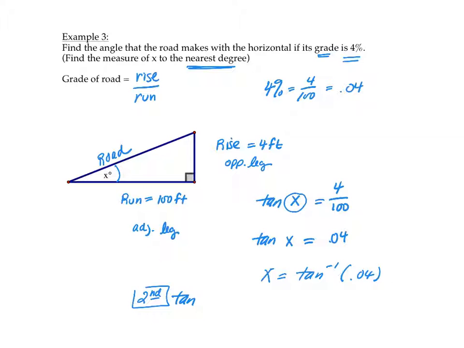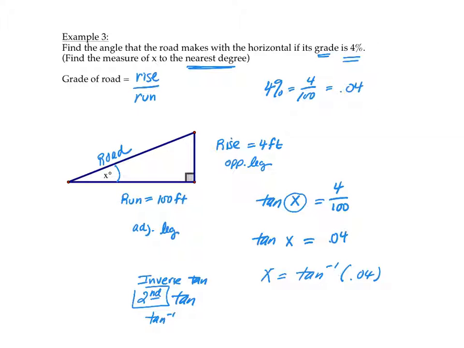And then it should come up with tan negative 1 on your screen. Okay? Now this is again referred to as the inverse tangent. But we'll probably use it so often that you might even just call it second tangent.